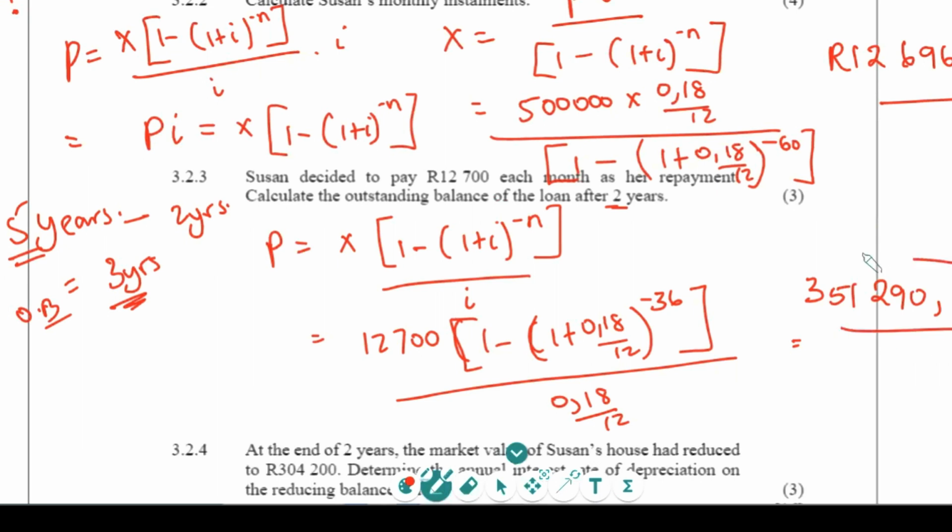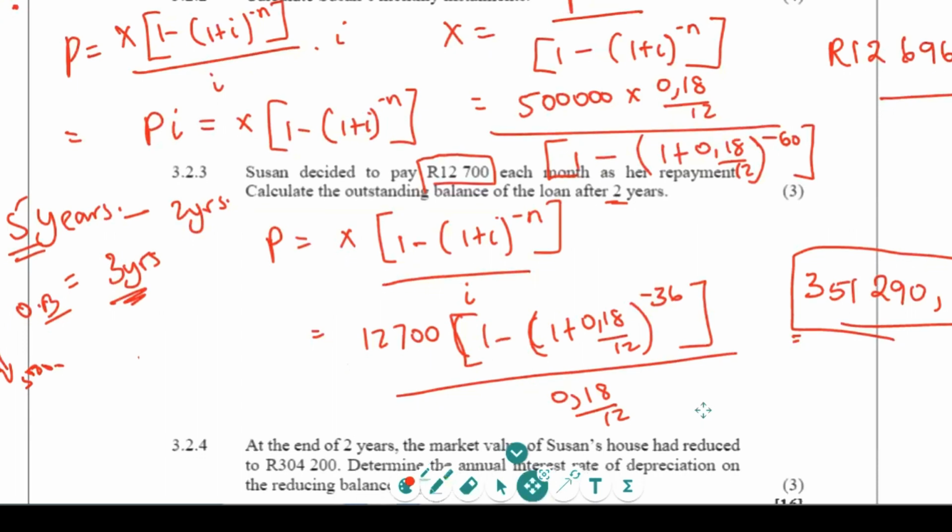So this will be the outstanding value or the outstanding balance after the 2 years, for as long as Susan decides to pay 12,700. Remember, for this option, the second option, you need to get the value of the 500,000 in 2 years, and then you can use the future value to determine what is due in 2 years.